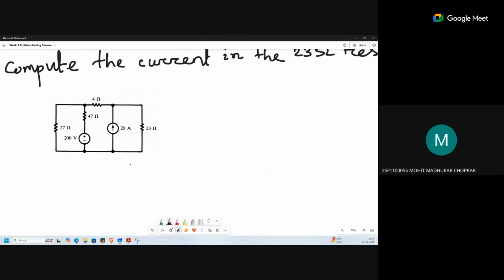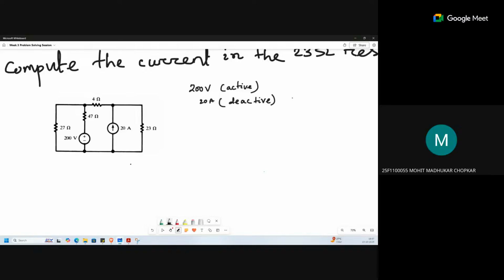Yes, ma'am. First consider the 200 volt. If it is active, then you have to deactivate and remove the 20 ampere source. Deactivating the current source means open circuit.